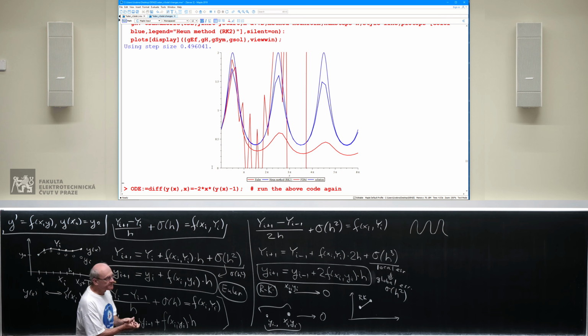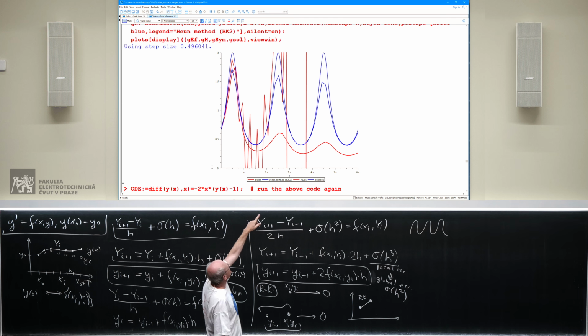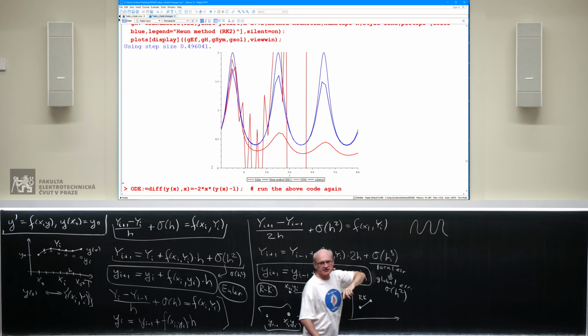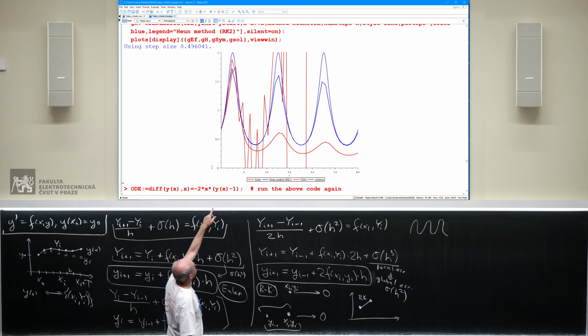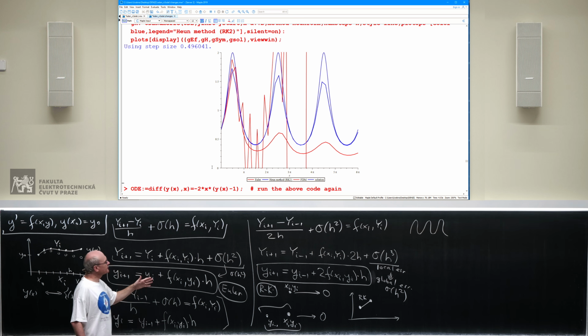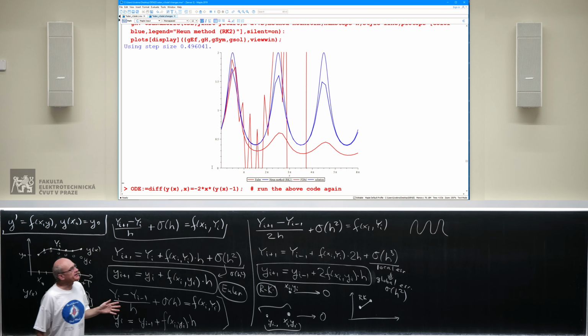Okay, let's have a look at this. What do I see in this picture? The dark blue curve, that's the solution. Nice waves. Then we can see the red curve, which is down here. That's the Euler formula, Runge-Kutta method of order 1, for comparison.